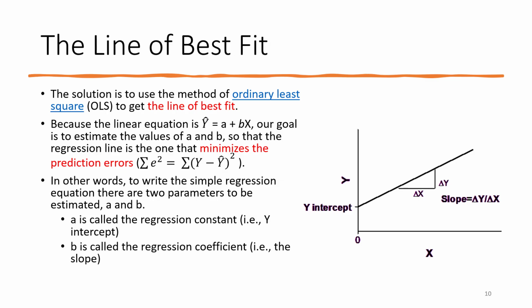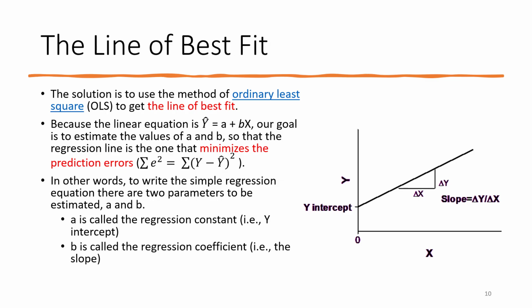Since the prediction error is the difference between the observed and the predicted y values, the OLS method aims to find the values of a and b in the regression equation so that the prediction errors are minimized.